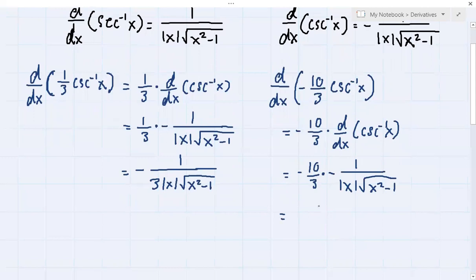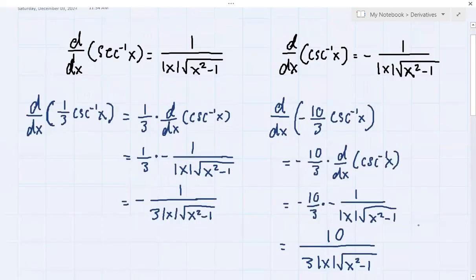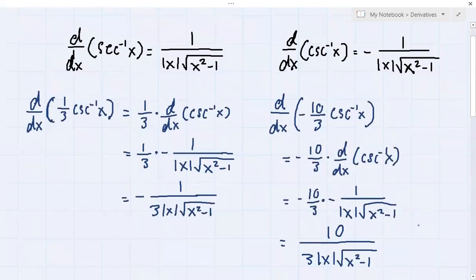Alright, so multiply them together, you will have positive 10 all over 3 times the absolute value of x times the square root of x squared minus 1. And there we go. That's actually easy, to be honest. So yun lang naman yung gagawin ninyo if you have a given inverse trigonometric function ng cosecant x.